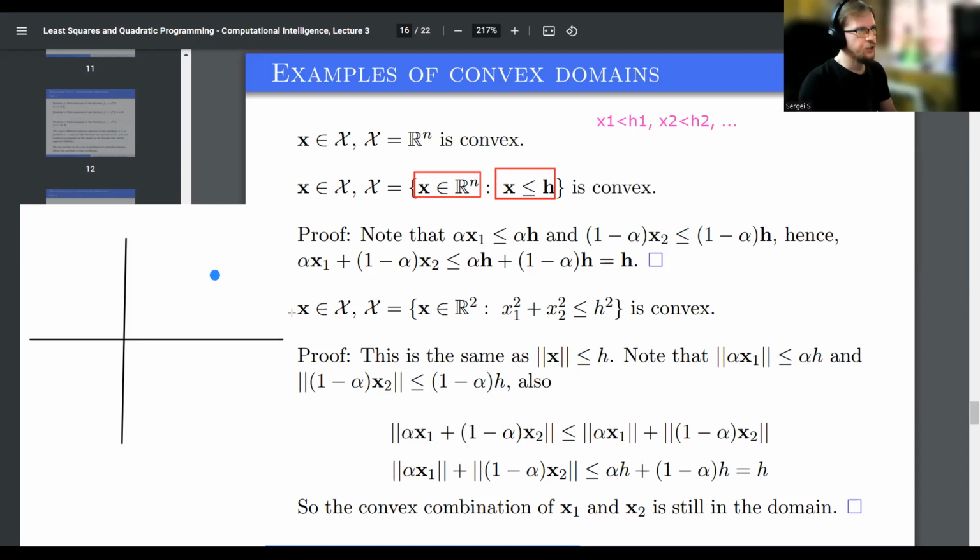Well, first of all, in terms of horizontal axis, we can instantly see that every x which is on the right of this line would be not allowed. So in fact, all of this is out of the question. Those are bigger than h in terms of horizontal axis.